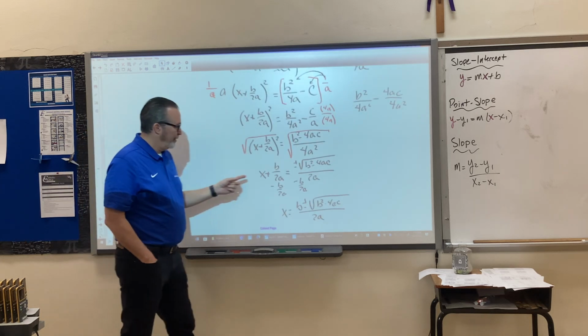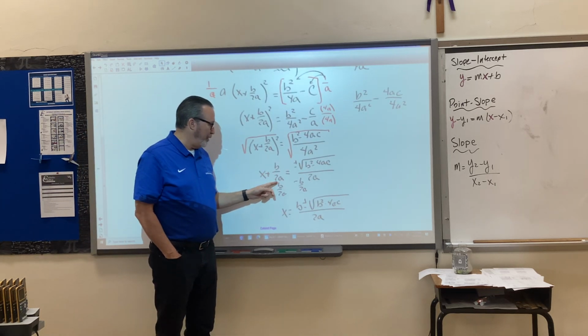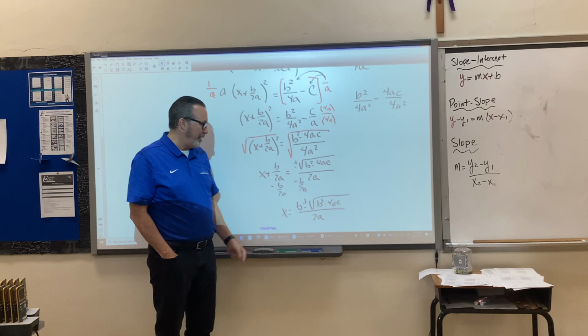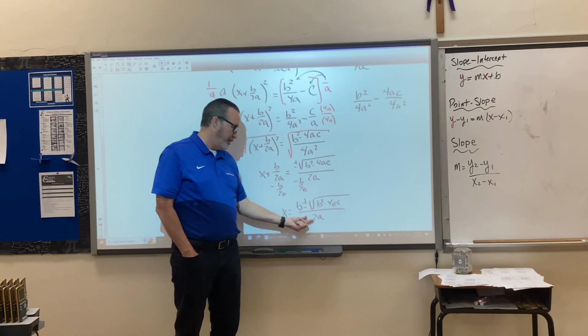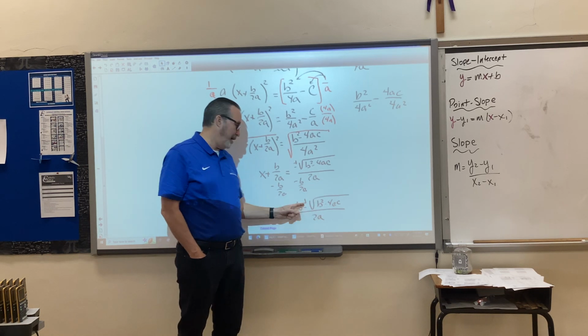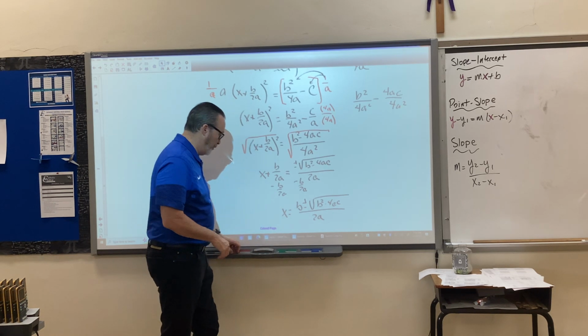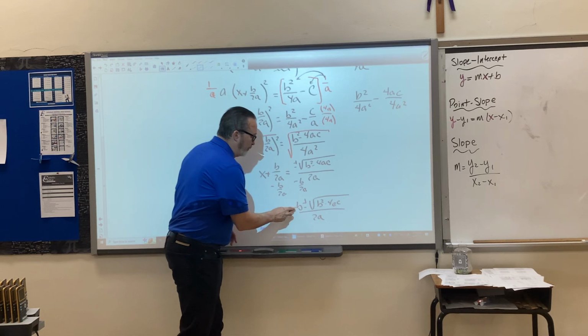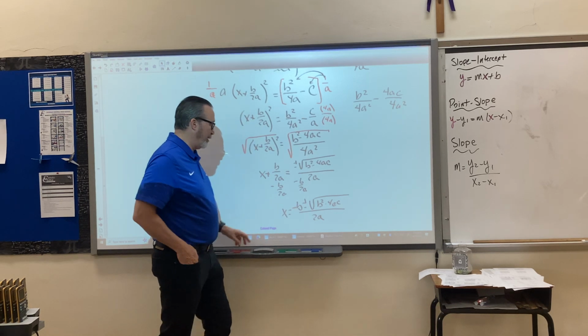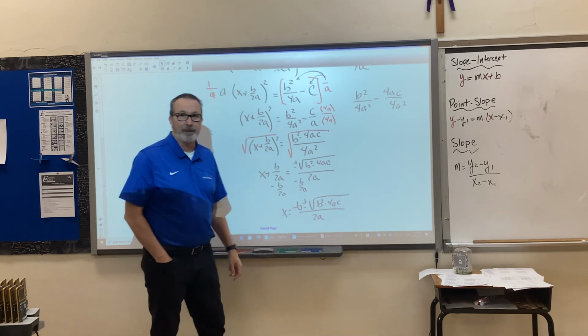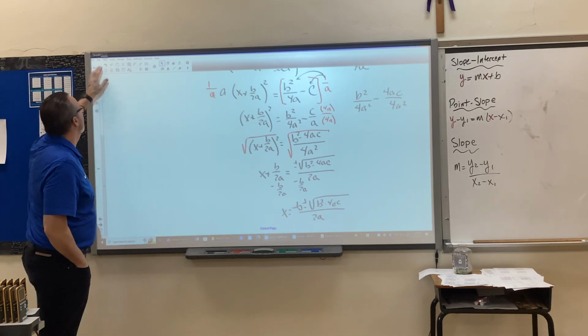And then if I subtract b over 2a from both sides of the equal sign, then I have common denominators. So the common denominator is 2a. We have x is equal to negative b plus or minus the square root of b squared minus 4ac all over 2a. Like the quadratic one.